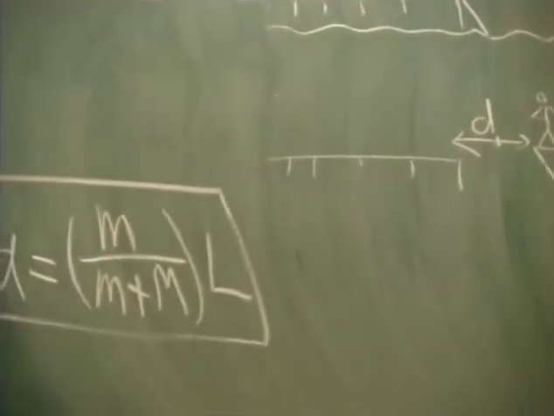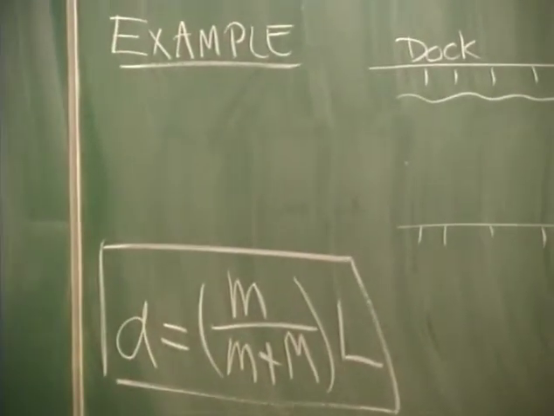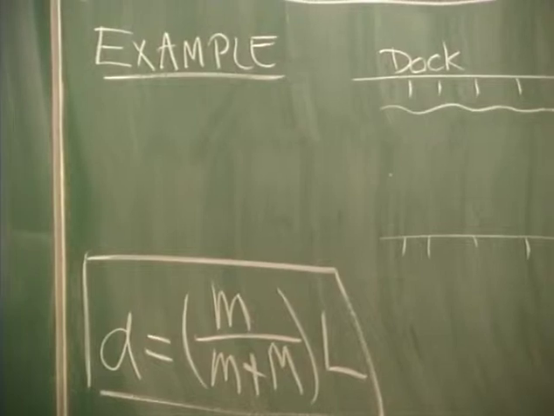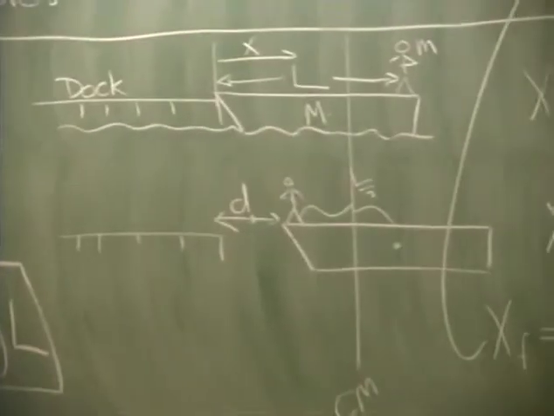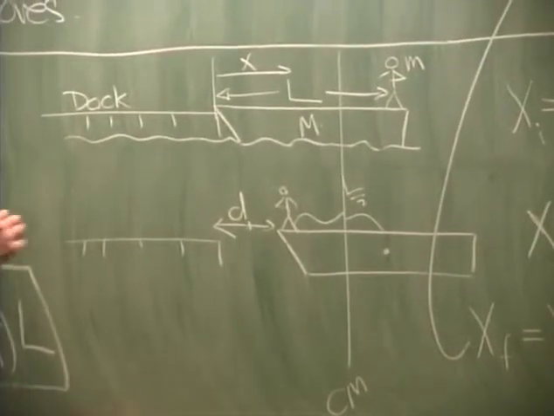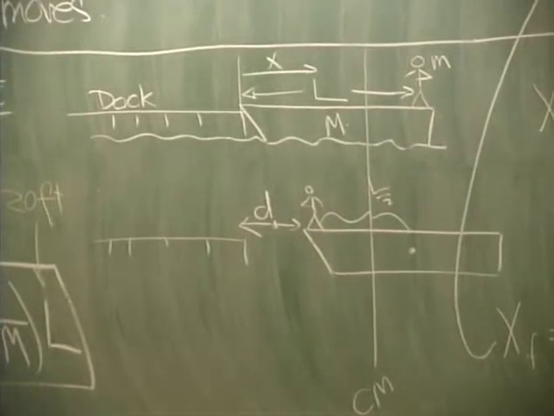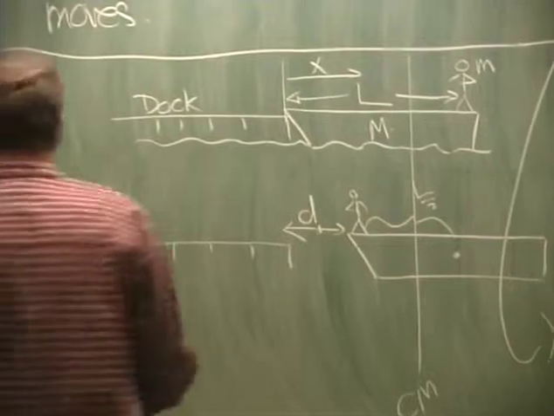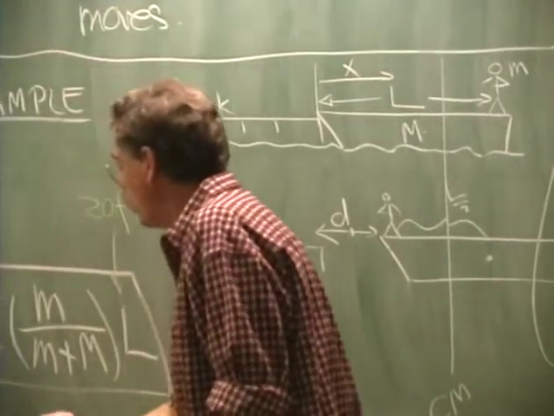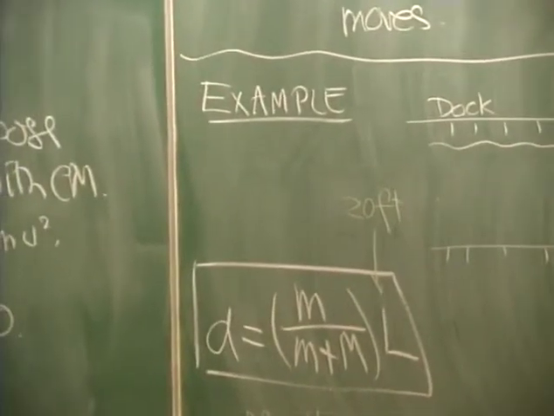So that's how far I now am from the dock, because the center of mass of the boat-me system doesn't move in this process. As a matter of putting in reasonable numbers, suppose that the boat is 20 feet long, and I'll make life nice for myself and assume that the mass of the boat is 4 times my mass.